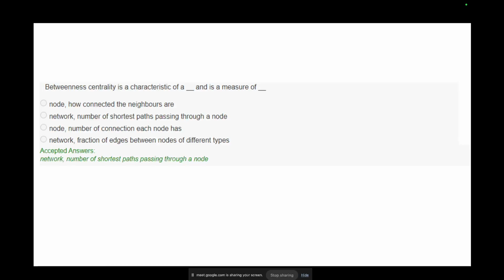Okay. So again, reiterating, what is betweenness centrality? Betweenness centrality is a characteristic of, in some cases you are correct, a node, but in general we describe betweenness centrality as averaged out.